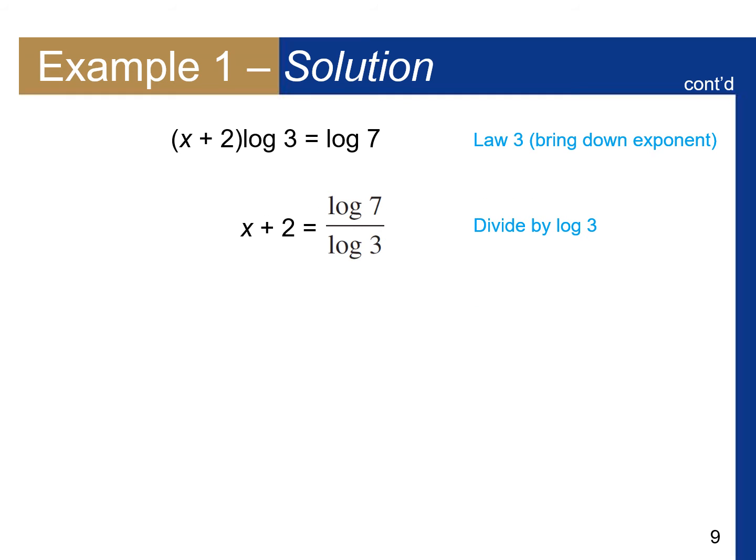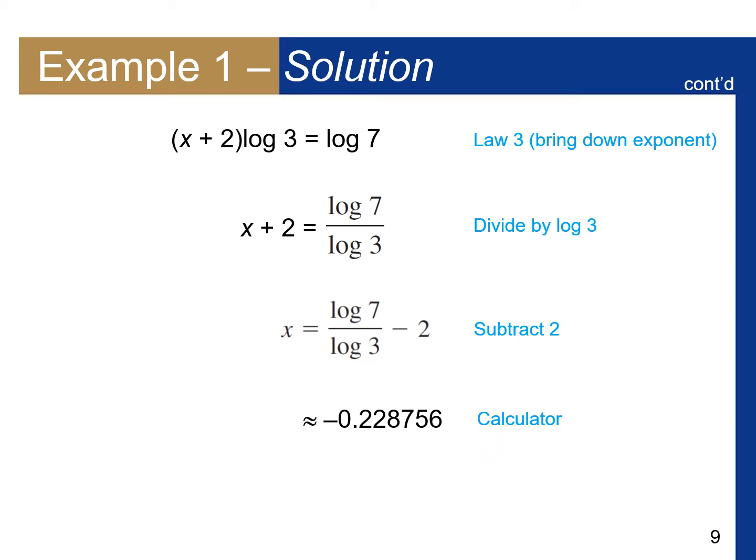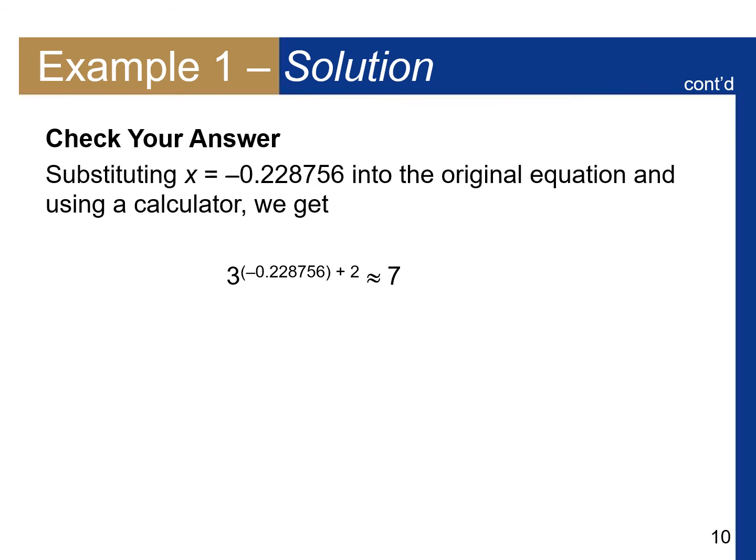Divide both sides by log 3. And finally subtract 2 from both sides. And then we can solve to get our estimated answer of negative 0.228756. So we can check our answer by putting it back into the equation.